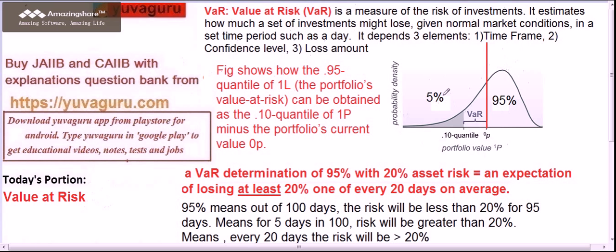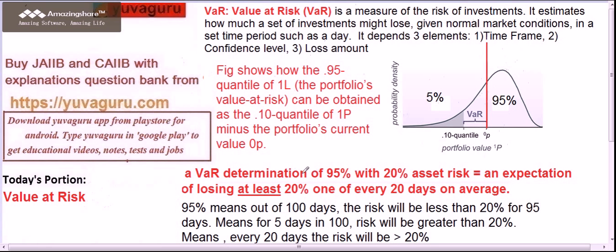It means the mean of my portfolio is, let's say, X, whatever it is. Then if I have to find out the actual value at risk, then the 95% figure which I will be getting, I have to subtract this mean from this figure and this would be my VAR.